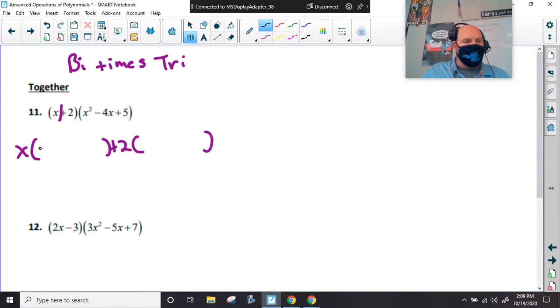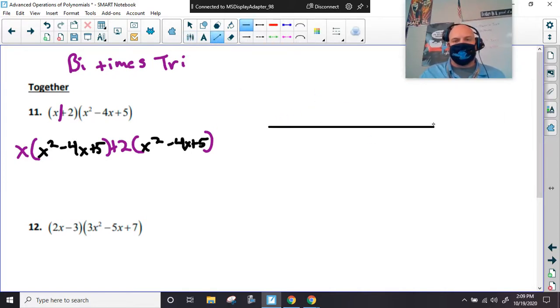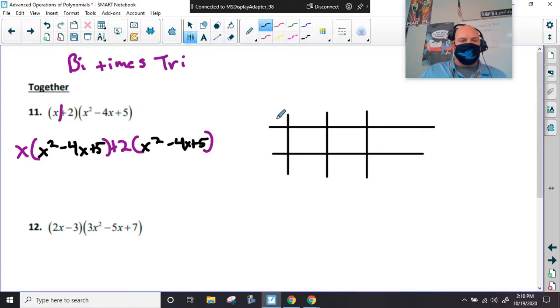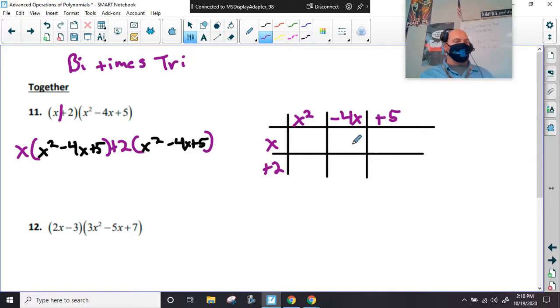Okay, then we got x squared minus 4x plus 5, x squared minus 4x plus 5. Now, if you do a table, it's going to look a little different than before, because now you're going to have your x here, your plus 2 here, and then your other parts would go like so.